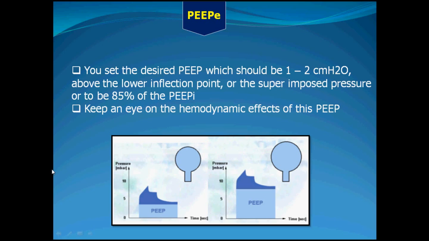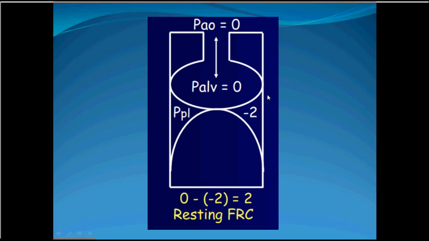Before we go to PEEP, I think it's better to say what is meant by PEEP. Normally, at end of expiration, when you exhale the tidal volume, there is no air moving in or outside. This means that there is no pressure gradient, that the alveolar pressure is the same as the atmospheric pressure or the mouth pressure.